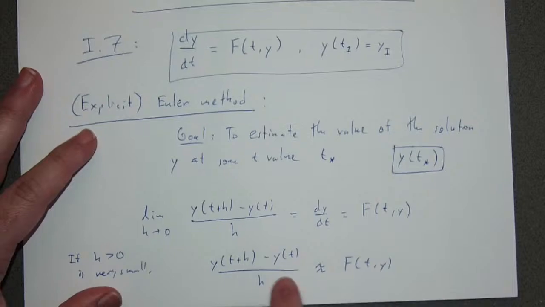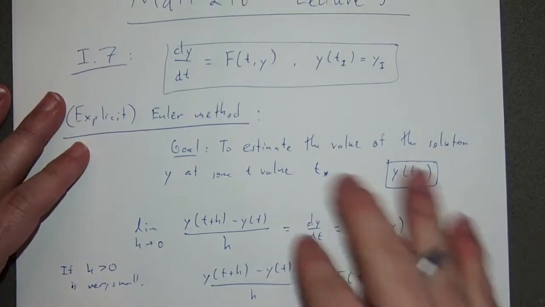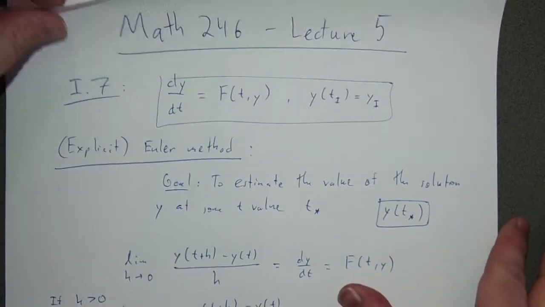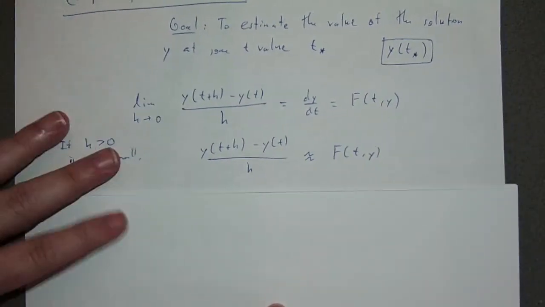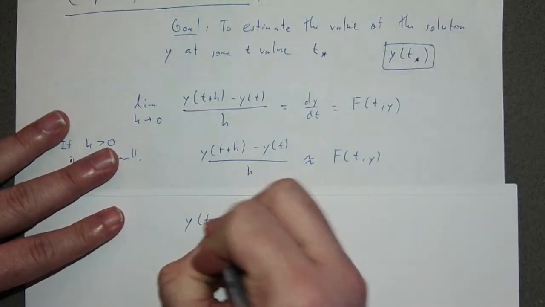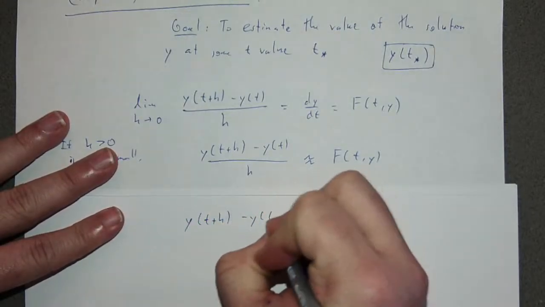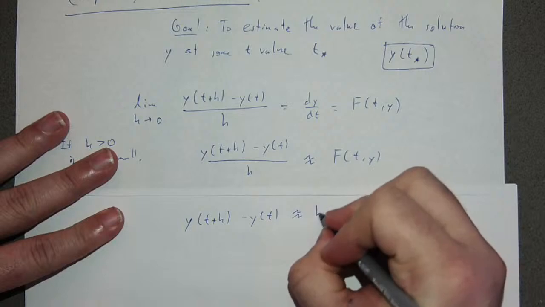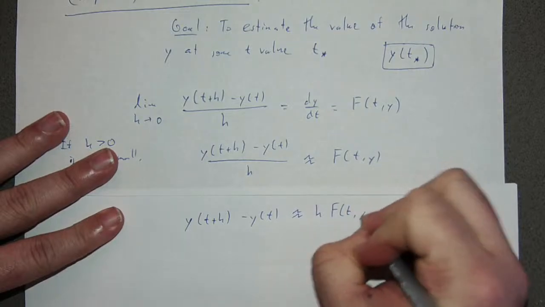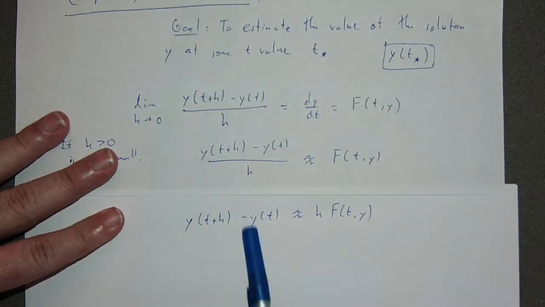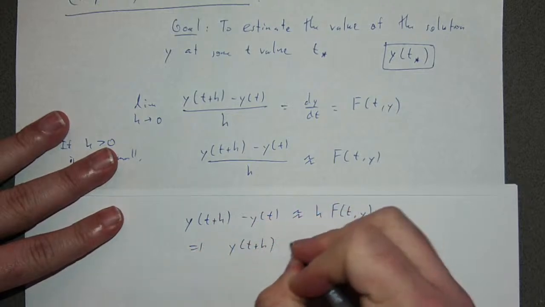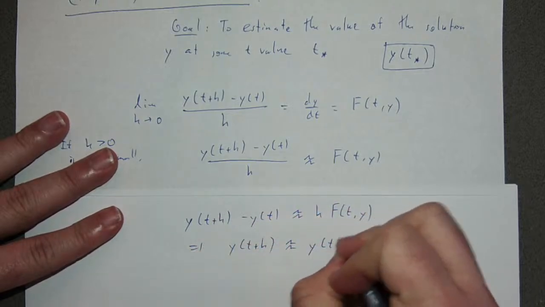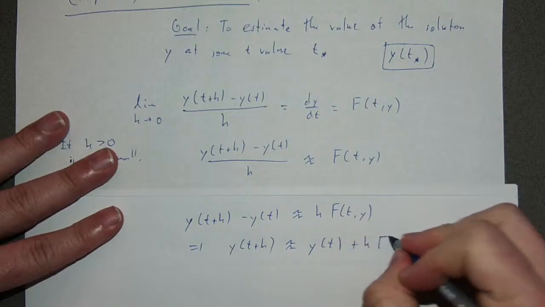And so, if h is small, if I multiply both sides by h, I get y(t+h) - y(t) is approximately equal to h times big F(t, y), which is my right-hand side function. I add y(t) to the other side, and so this means that y(t+h) is approximately equal to y(t) + h F(t, y).